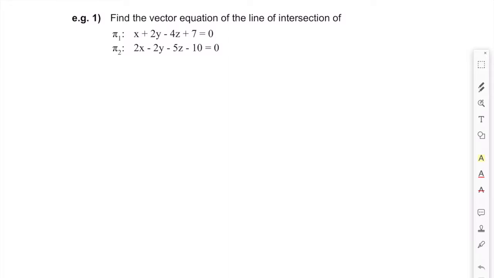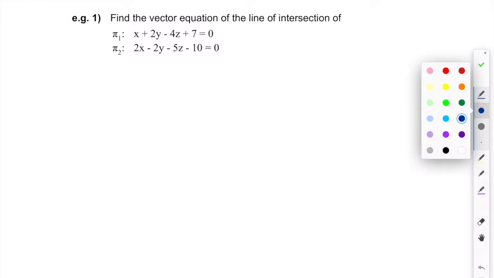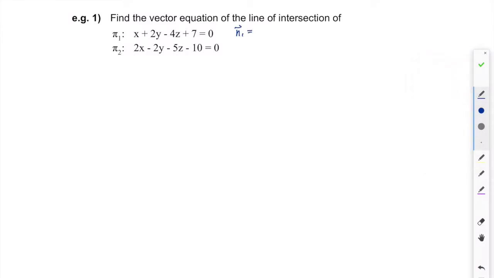Here is example 1. Find the vector equation of the line of intersection of pi 1 and pi 2. First of all, notice how these two planes are written in Cartesian form. So the first thing that I can compare are their normal vectors. n1 is (1, 2, -4) and n2 is (2, -2, -5).